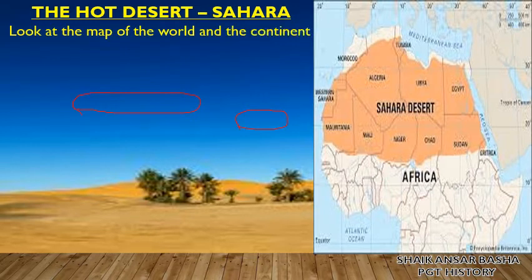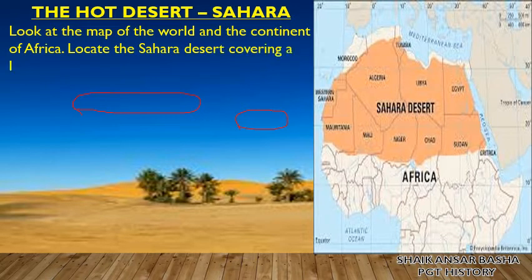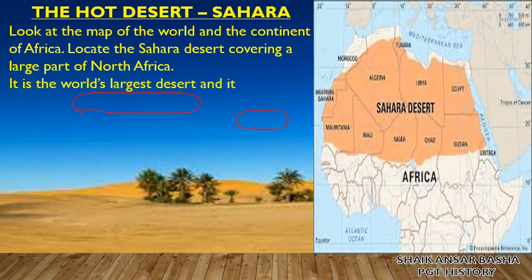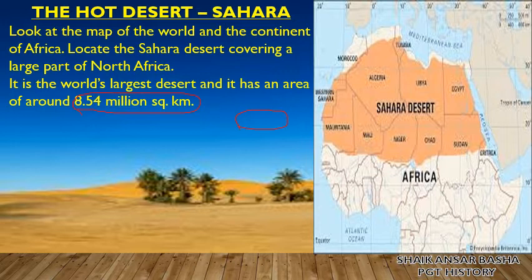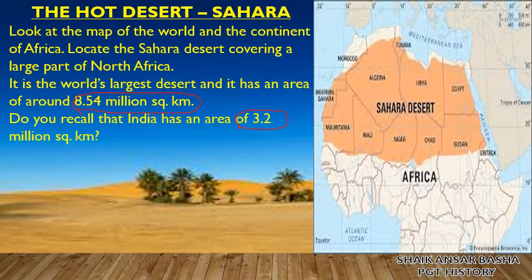Look at the map of the world and the continent of Africa. Locate the Sahara Desert covering a large part of northern Africa. It is the world's largest desert and it has an area of around 8.54 million square kilometers. Do you recall that India has an area of 3.2 million square kilometers?